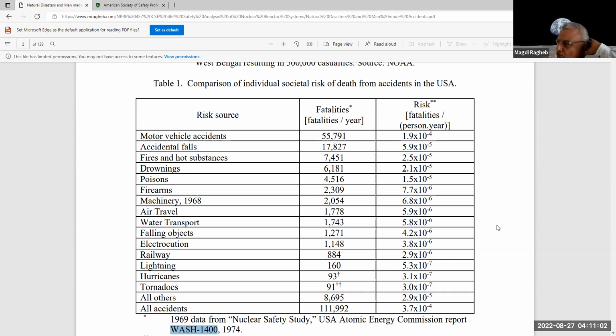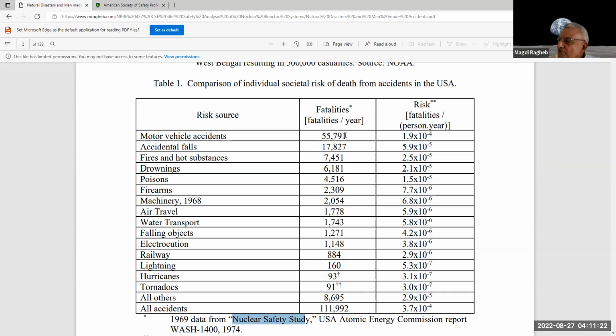The author was Norm Rasmussen, the head of nuclear engineering at MIT at the time, 1974. He issued the nuclear safety study, and he came up with a very interesting statistic here.